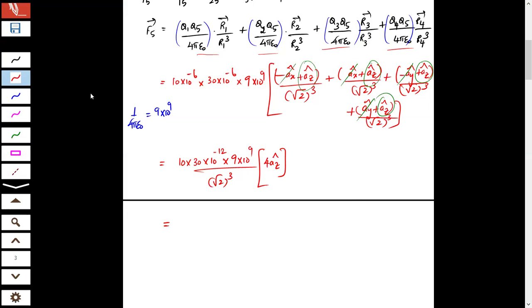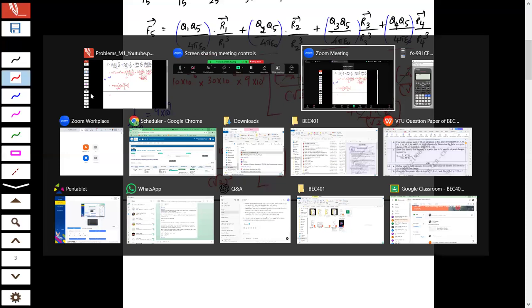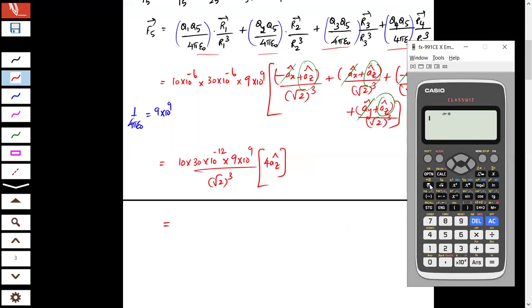I can use the calculator to show how to compute. We take 10 into 30 into 10 power minus 12 into 9 into 10 power 9 in the numerator, and in the denominator I take root 2 the whole cube, and into 4.